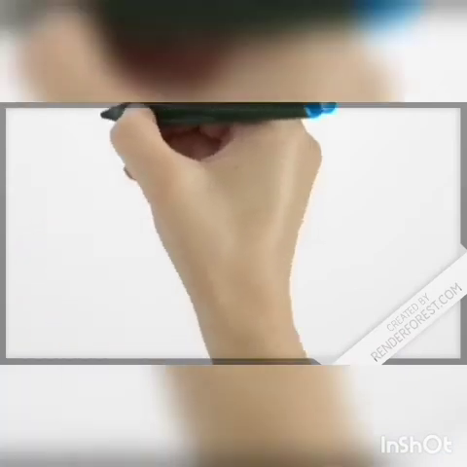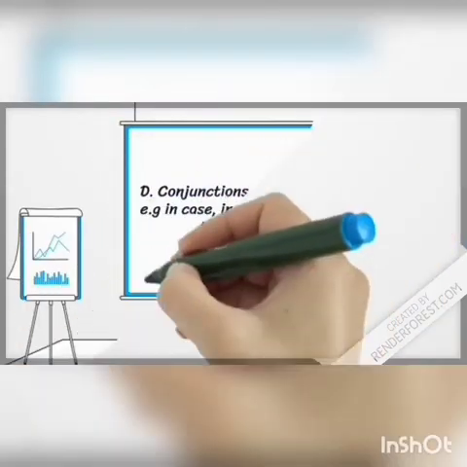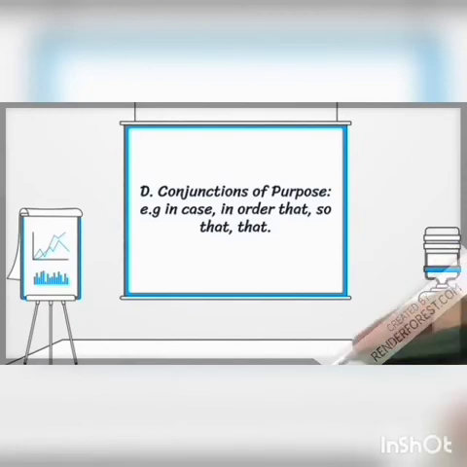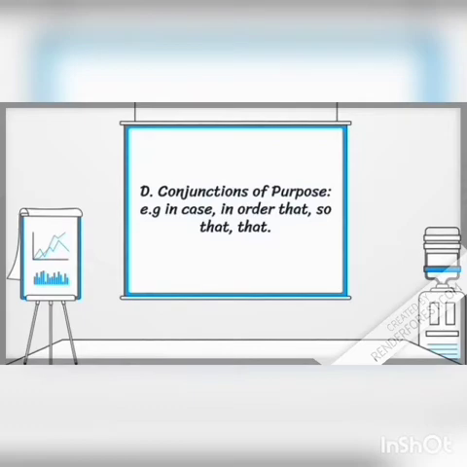Let's move on to the next class of subordinating conjunctions. We have conjunctions of purpose. For example, in case, in order that, so that, that. So these are conjunctions of purpose.